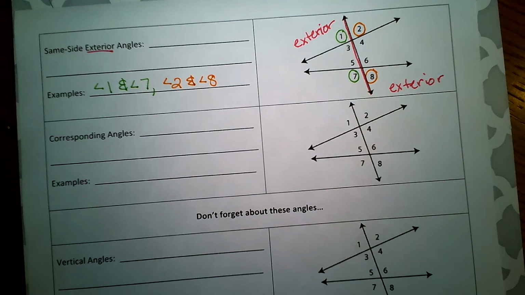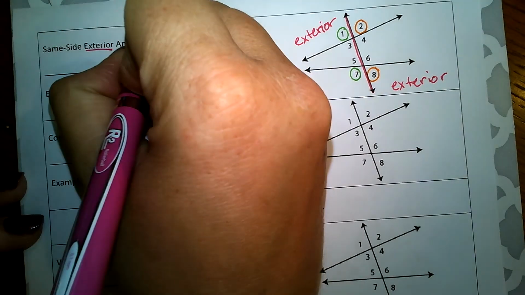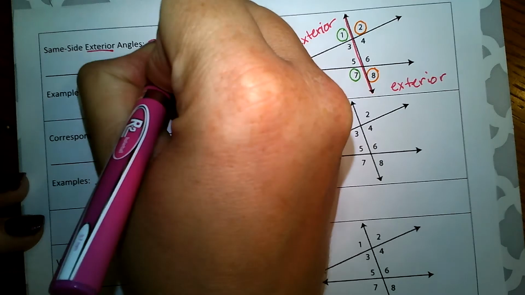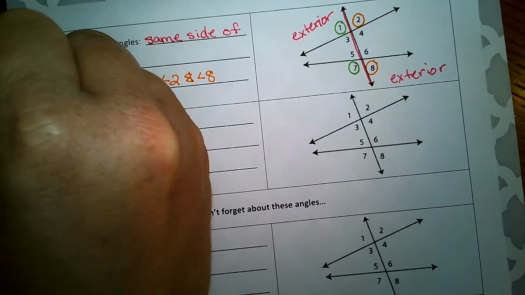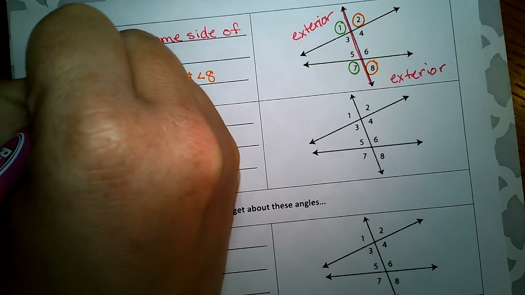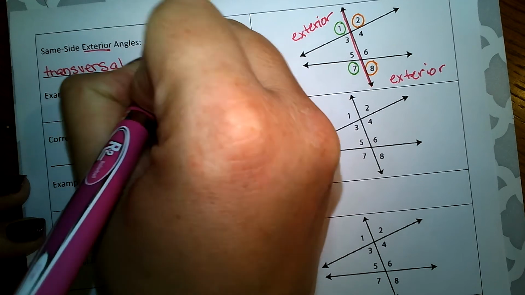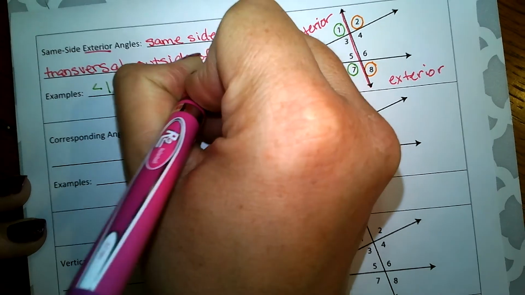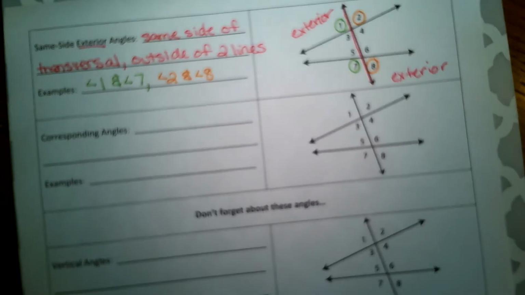So a little description about same side exterior angles: they're on the same side of the transversal, and also outside of the two lines.